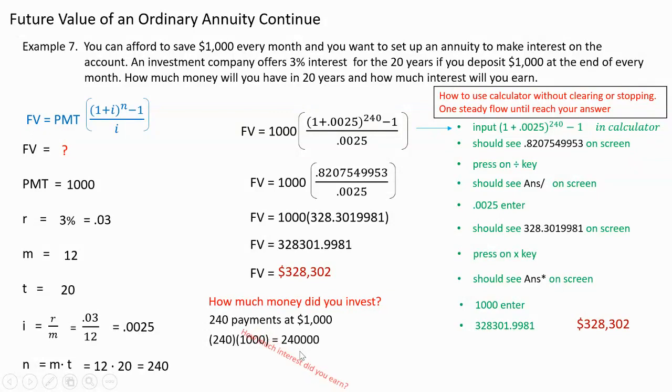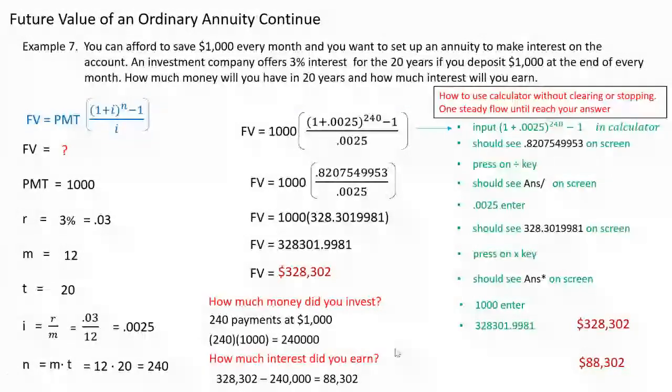So how much was interest? We subtract the 240,000 from the 328,302. So $88,302 was what you earned in interest, which is not bad. If you could afford, say, $1,000, that's what you would get. The more money that you can set up, the greater amount you're going to get in return after so many years.